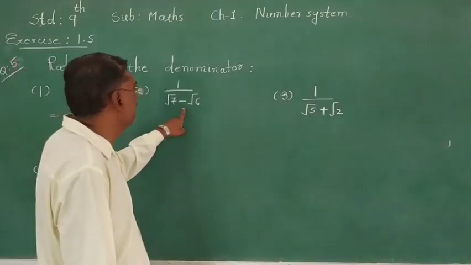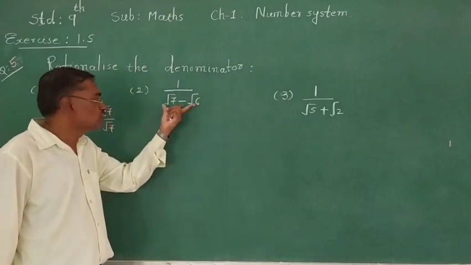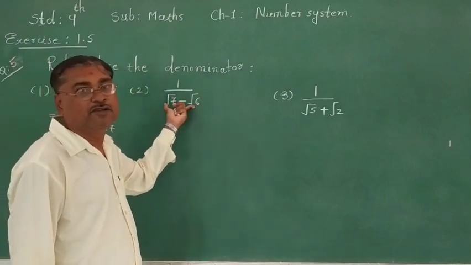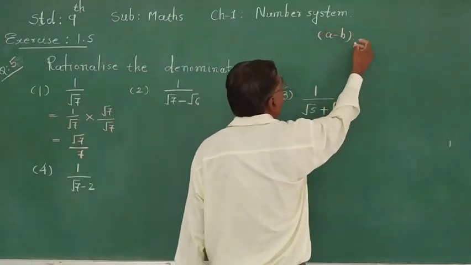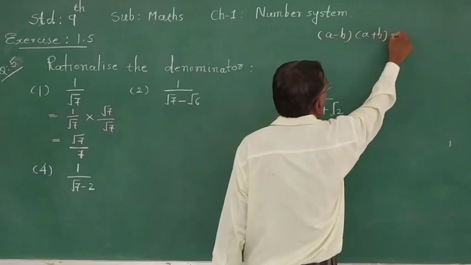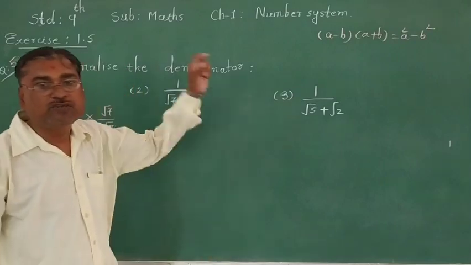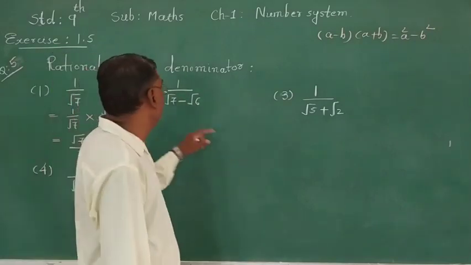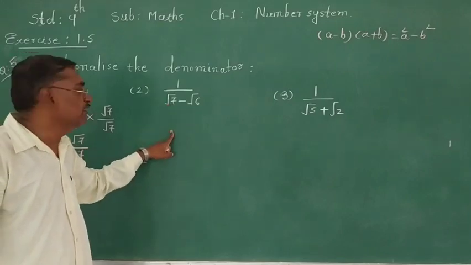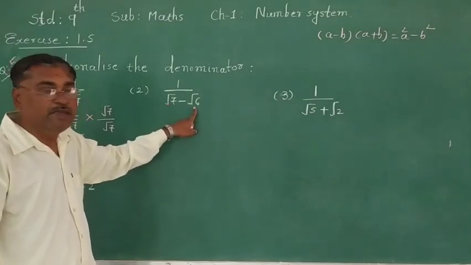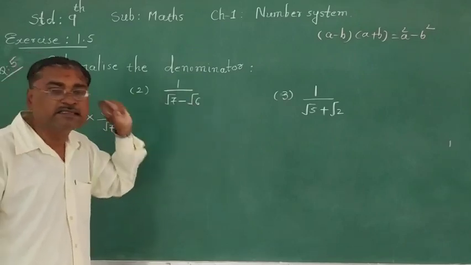Now we can see here the second question: 1 upon root 7 minus root 6. Here two roots are irrational. So to remove this, we know the formula: a minus b times a plus b equals a square minus b square. To use this formula, if we square root 7, we will obtain 7, and if we square root 6, we will obtain 6.